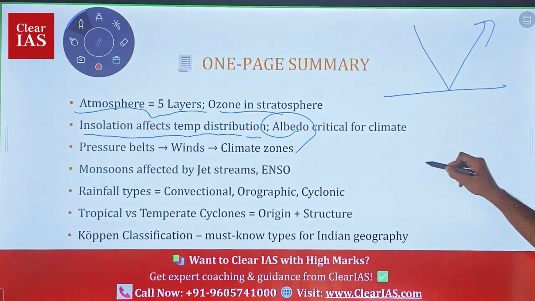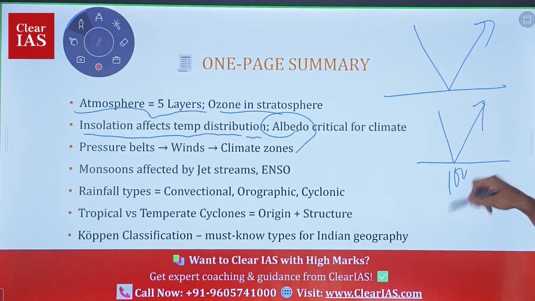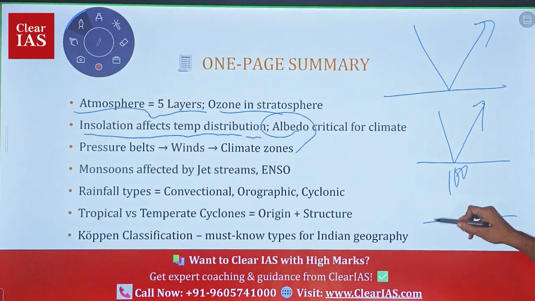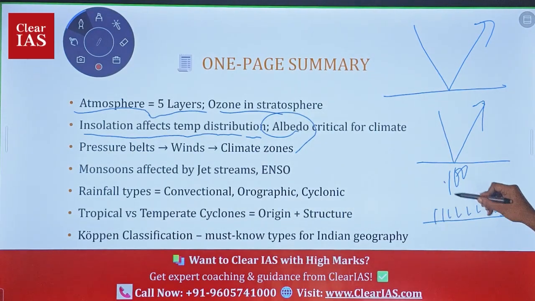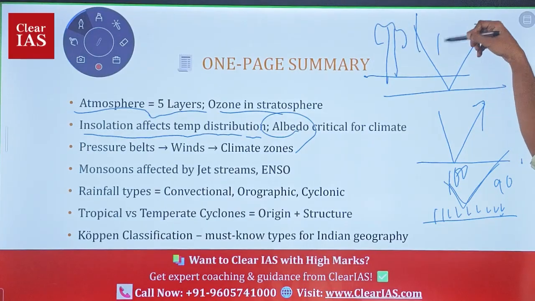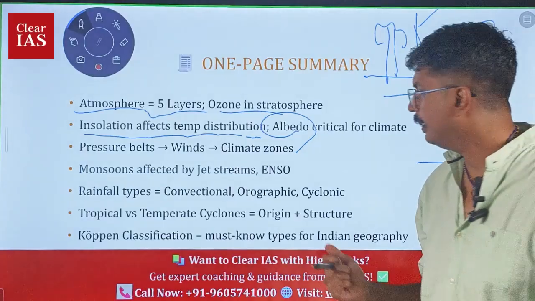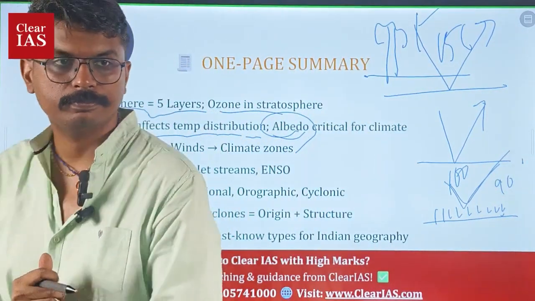If a surface reflects the entire sunlight, we say the albedo is 100. Areas with snow reflect almost 90% of the sunlight, that's why snow does not melt. But in the rainforest, only 15% is reflected. Everything else is captured. That is albedo.